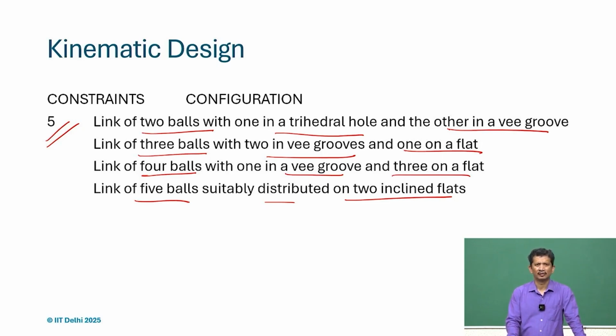So, 3 and less than 3 is possible on a flat surface, but we can have other kinds of surfaces like cylindrical surfaces or spherical surfaces. So, we can think of and then try to see what kind of geometry will be permissible, what kind of geometry we can use in combination with different kinds of ball contact.